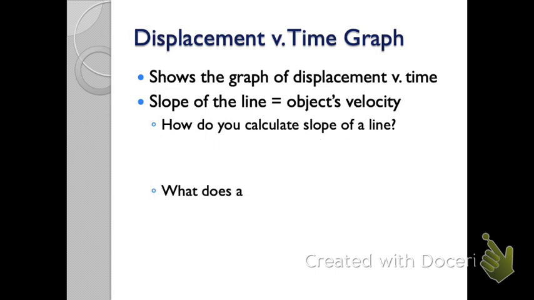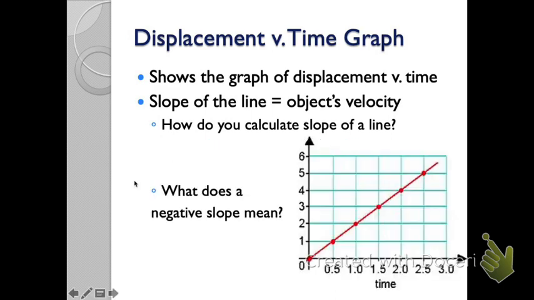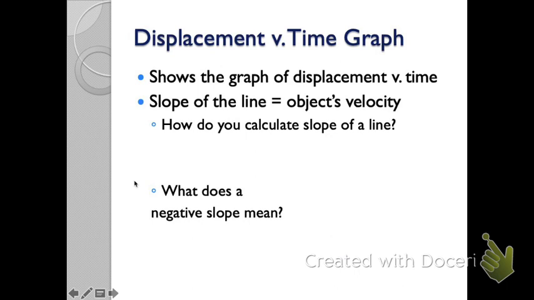What would it mean on a graph to have a negative slope? To go the other way, like west. So let's say that our graph looked like this, displacement over time, and my object had a slope that looked like that.